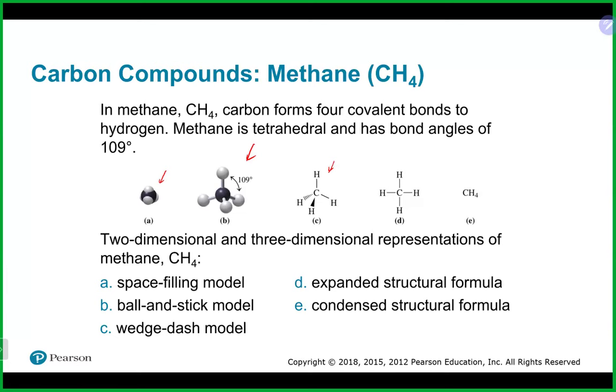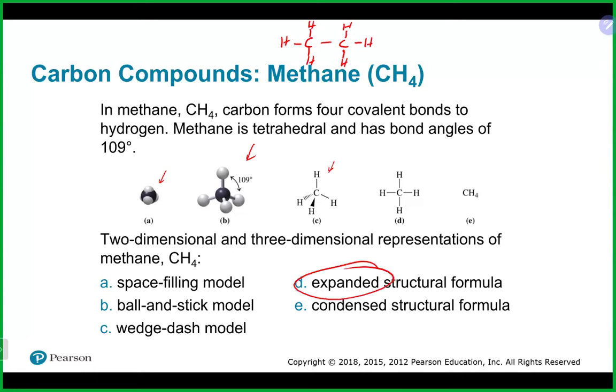Most of the time here, we'll do the expanded structural formula, the condensed formula. The expanded structural formula is basically like a Lewis structure. You pretty much draw out all the hydrogens, all the bonds. That is the expanded structural formula. Pretty much you draw everything out.